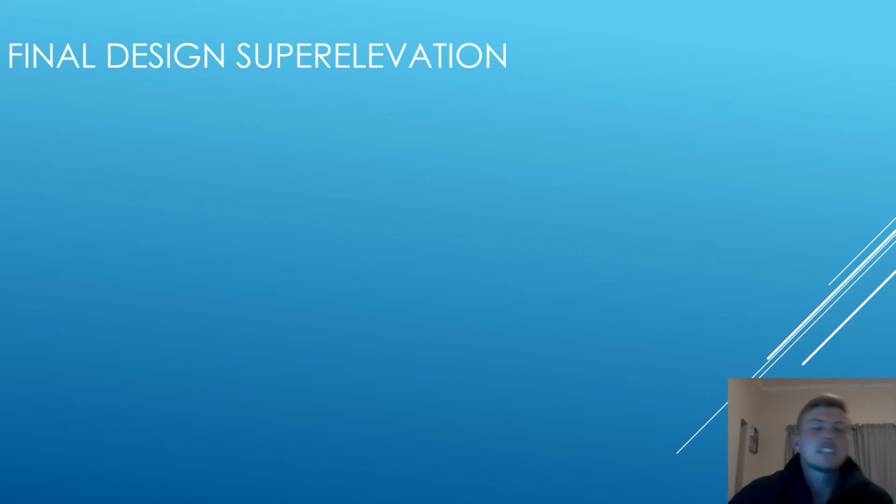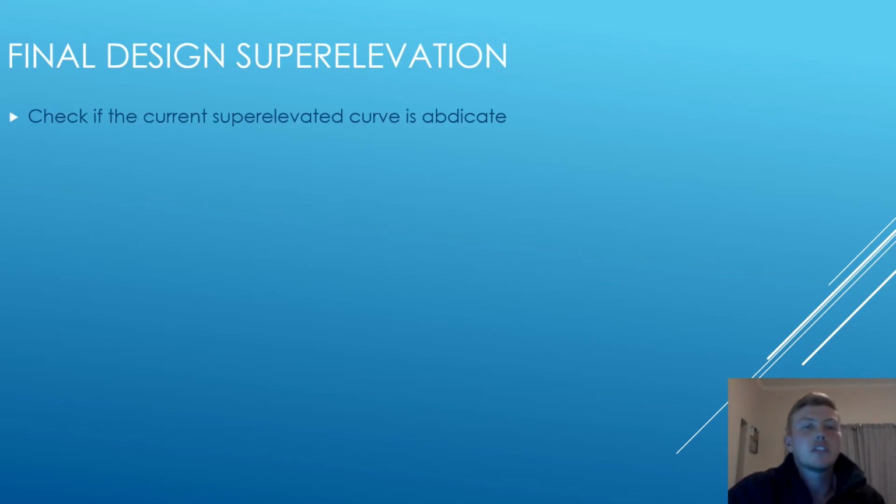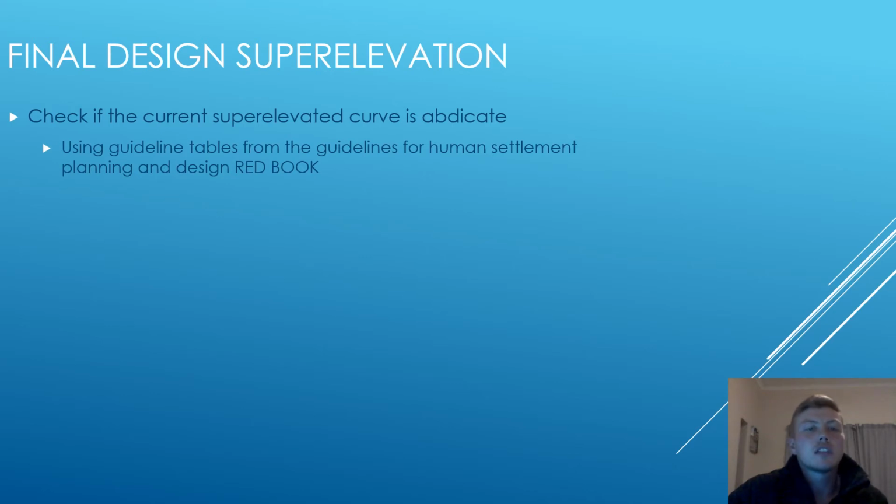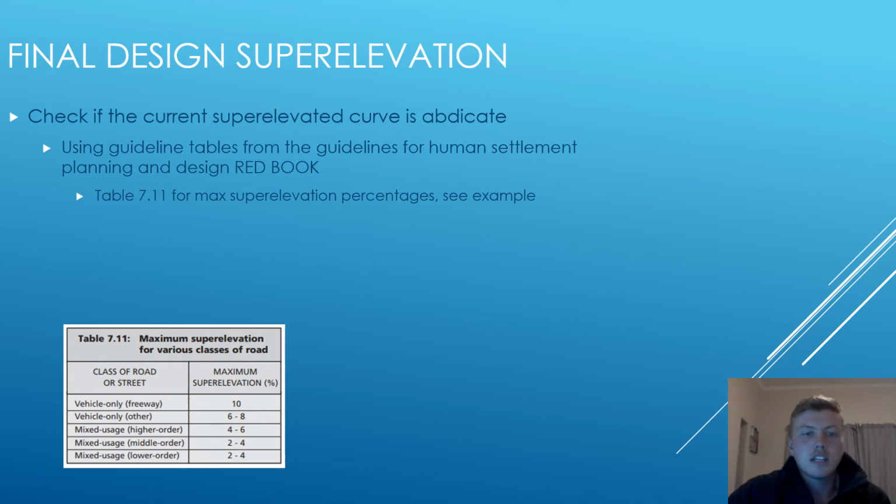For the final super elevation design, I had to check if the current super elevated curve is adequate. I used the guideline tables from the Guidelines for Human Settlement Planning and Design to help me. Table 7.11 was used for the maximum super elevation percentages. As you can see, this is a table out of the Red Book, just to show how I got my results.